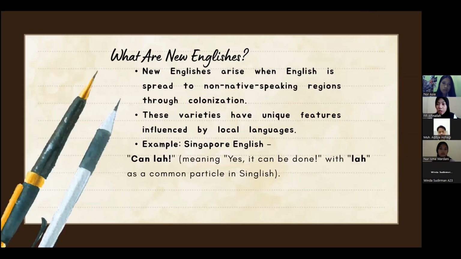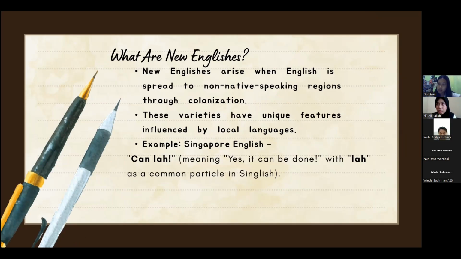What are New Englishes? When English was introduced to many parts of the world through colonization, it didn't stay the same. Instead, it mixed with local languages and developed into something new, what we call New Englishes. So this variation of English borrows heavily from local culture, and its structure is often different from British and American English.